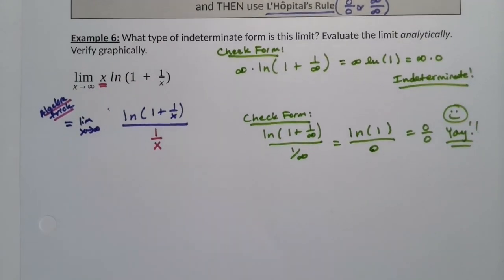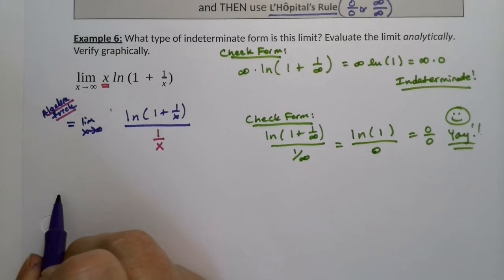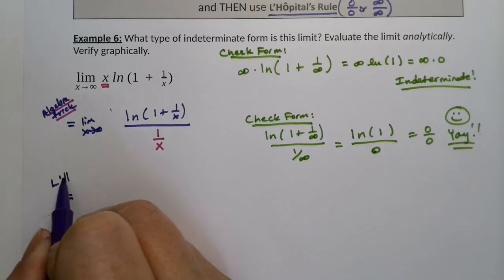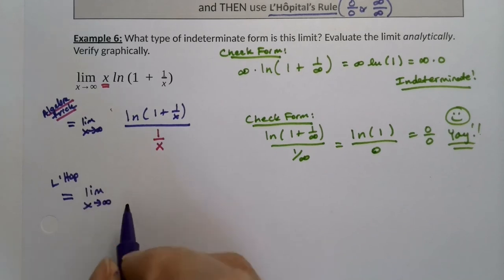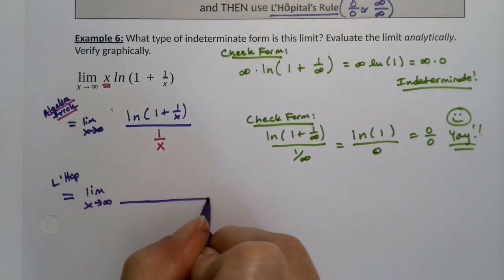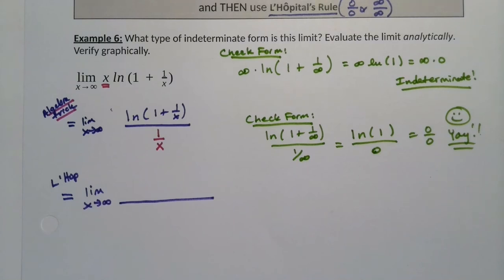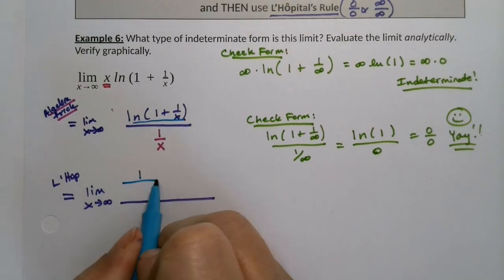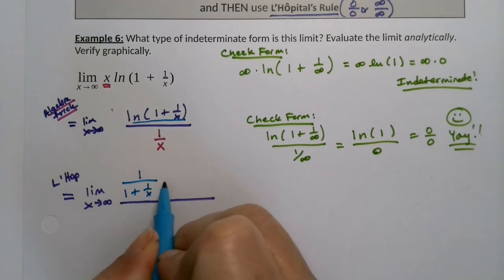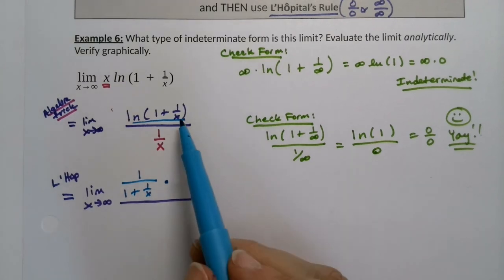So my next step would be to say, then by L'Hopital's rule, this is equal to the limit as x goes to infinity of, and now we have to find derivatives. Looking at our numerator, the derivative of this is 1 over 1 plus 1 over x times the derivative of the inside.